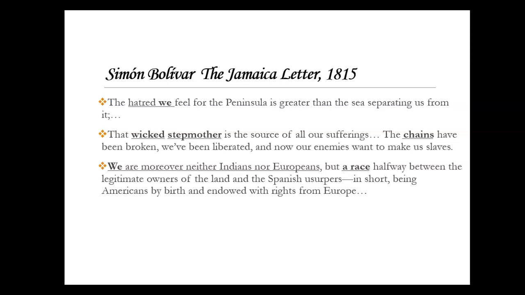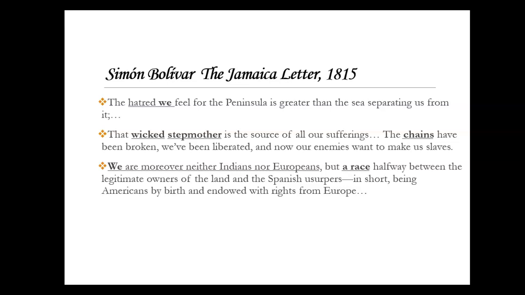"The hatred we feel for the peninsula is greater than the sea separating us from it. That wicked stepmother is the source of all our suffering. The chains have been broken, we've been liberated, and now our enemies want to make us slaves.